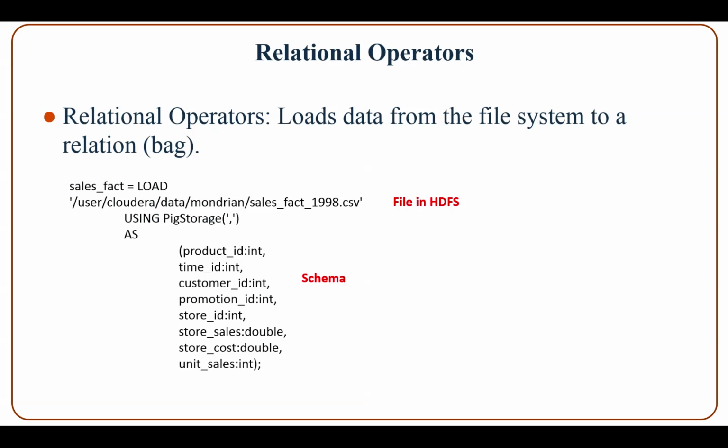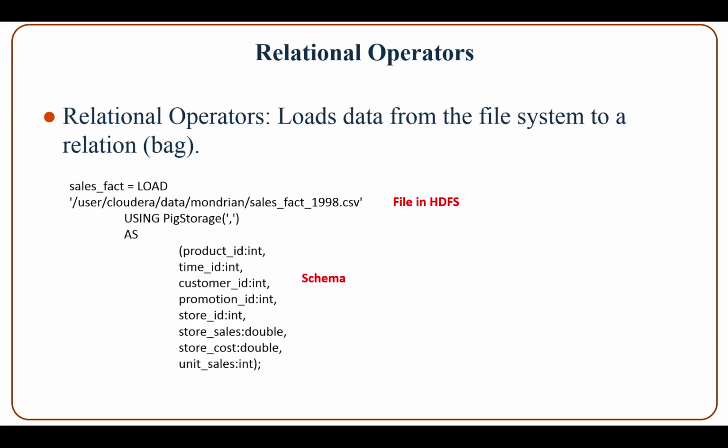Next, we talked about relational operators. The load operator loads data from the file system to a relation. This is the example. Load the file, and the file here is actually in the Hadoop cluster, and it should be copied before you run this statement.